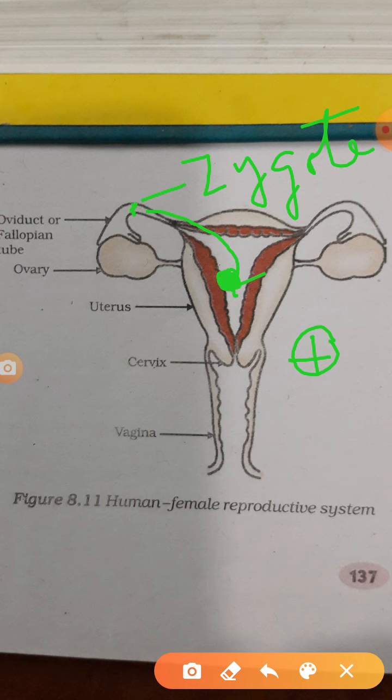ये जो जाइगोट है धीरे धीरे डिवाइड करते करते ढेर सारे सेल्स, 2 सेल, 4, 8, 16, 32, 64, इस तरह से number of cells will increase and ultimately it becomes a ball. It comes and gets attached to the wall of the uterus. This attachment is called implantation.